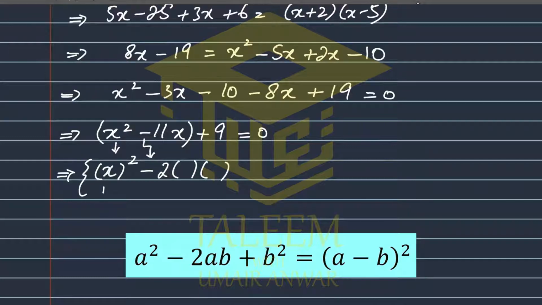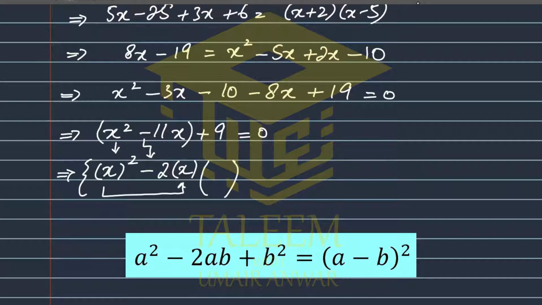The first term written over here would be written in the first bracket, and then there should be a second term over here in the second bracket. And we have to choose the second term in a way that the final answer we get from the second term should be minus 11x.